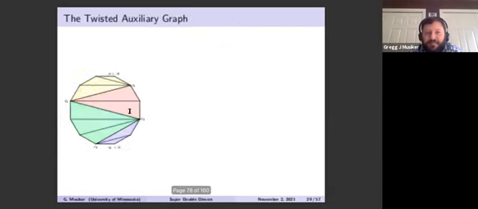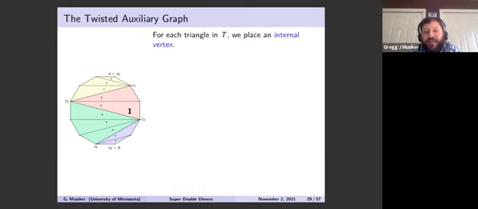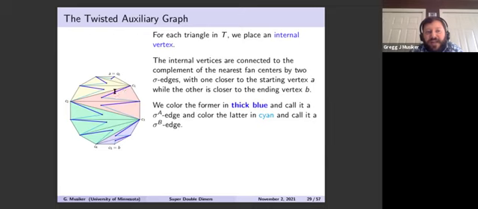So with all these definitions, in our original paper, we defined the auxiliary graph connecting fan centers to the centers of the triangles. In this case, I'm going to define something called the twisted auxiliary graph, which uses the complement edges. So instead of connecting the fan centers, for every triangle, we use the other two edges.